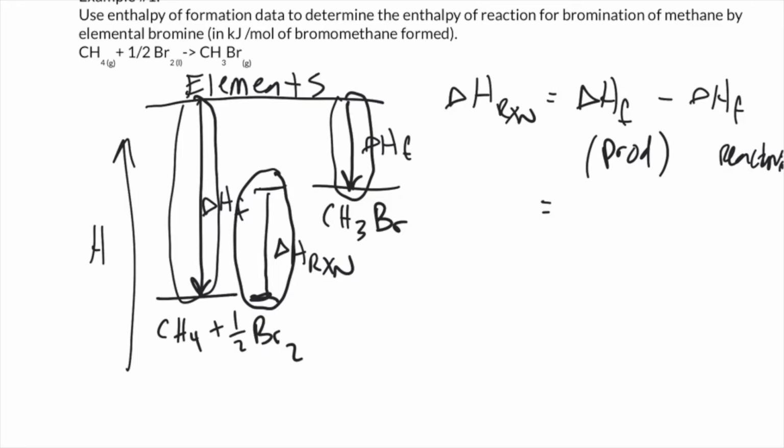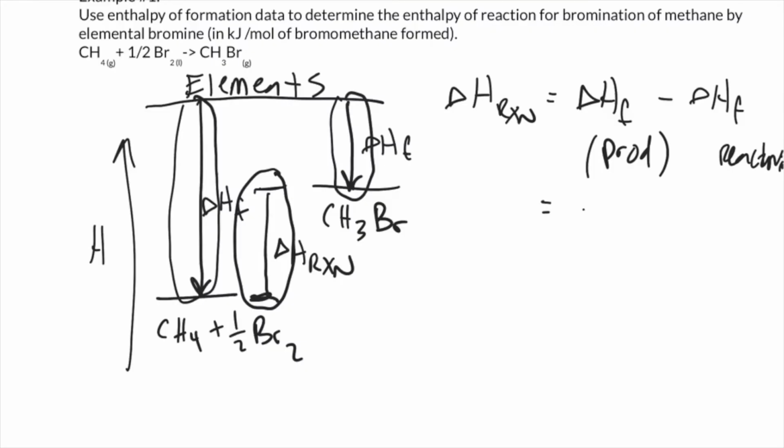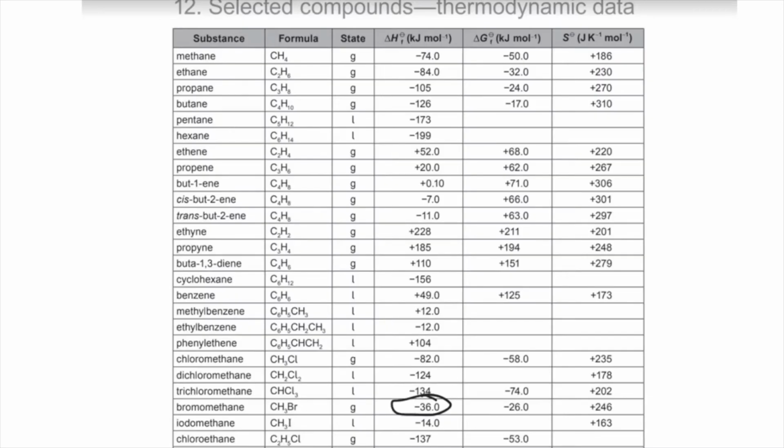The heat of formation of products, if we go back to the table and find bromomethane, which is right here, is negative 36. Okay, and then subtract from that the heat of formation of the reactants. So we've got two reactants. We've got methane and bromine. Find methane on here, negative 74.0, and you won't find bromine on here because there is no heat of formation of bromine because bromine is in its elemental state, so it's automatically 0.